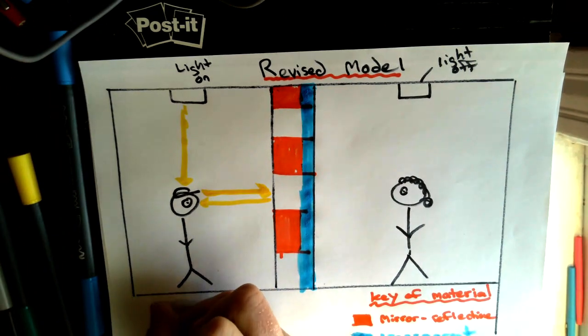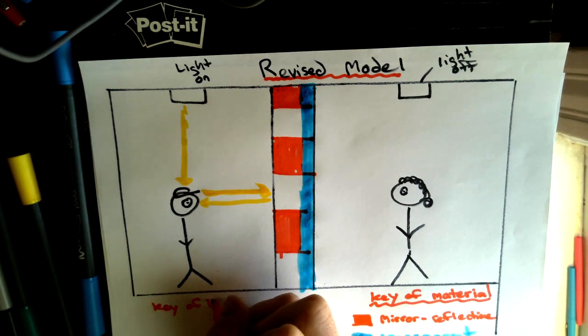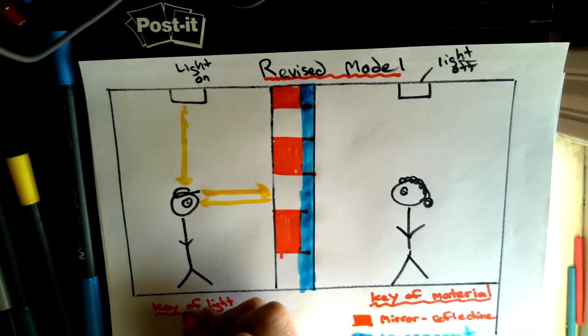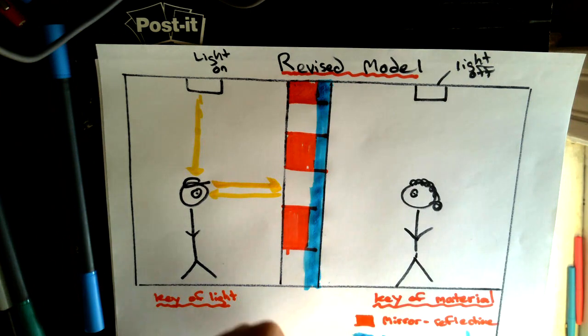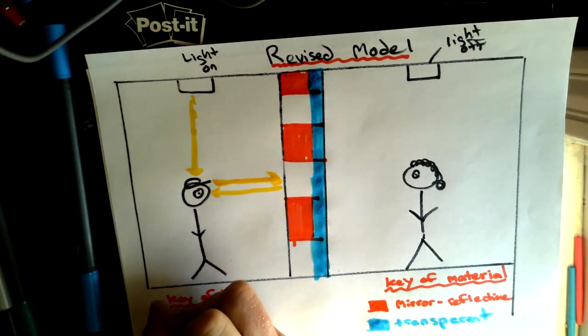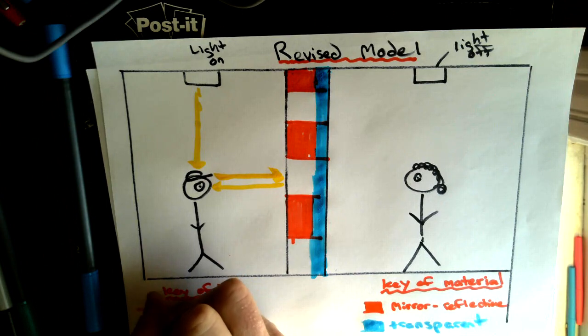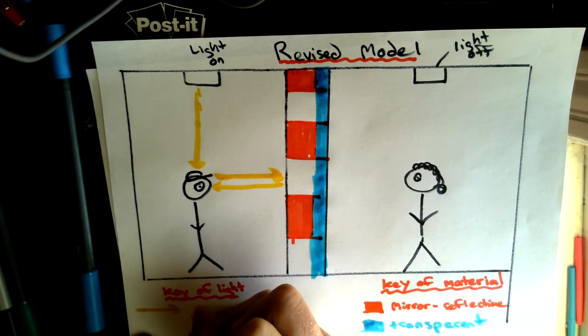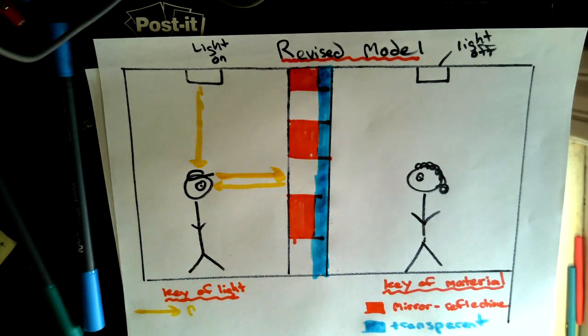And so I'm going to run the key. All right, so the key of light. And I think we'll just go ahead and represent our light right now. So a solid line would be all light.